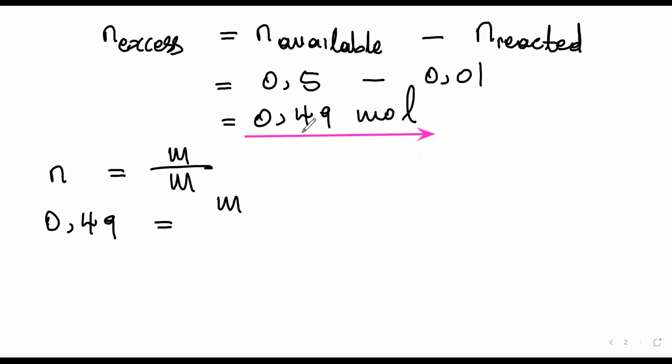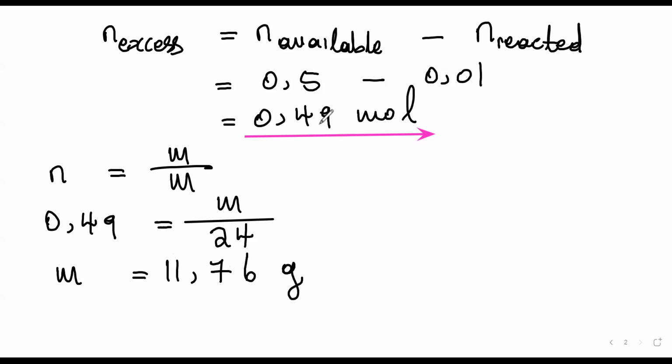The molar mass of magnesium is 24. If we multiply 0.49 by 24, we find that the remaining mass will be 11.76 grams. This is the mass in excess.